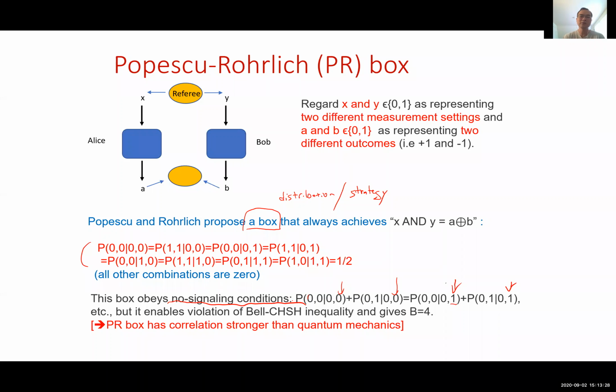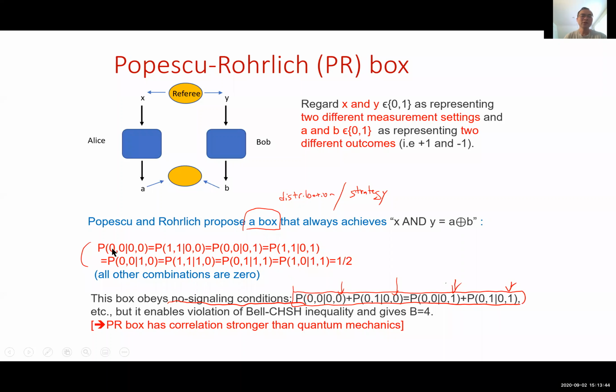So this is the so-called no-signaling condition. There are many ways to give such a condition, but this is one of the ways they chose. So you need to satisfy this.